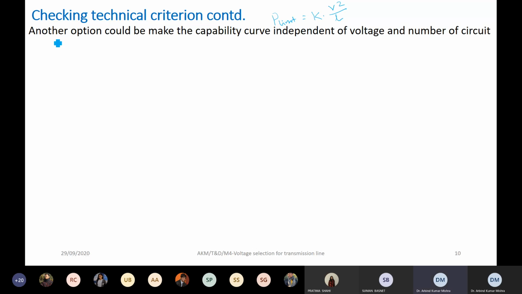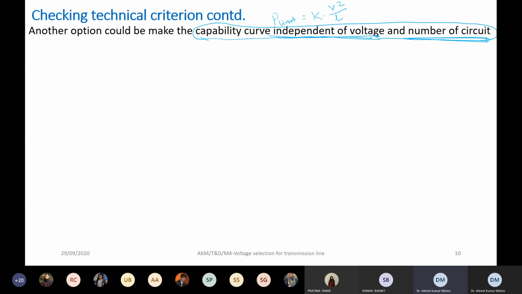So another option could be to make the capability curve independent of the voltage and number of circuits. This is very important. How can we make it? If this capability curve data can be made independent of the voltage and number of circuits, then only one curve will be sufficient for checking purposes.